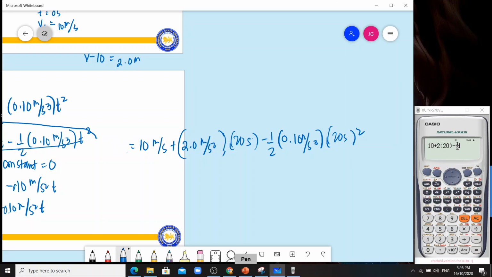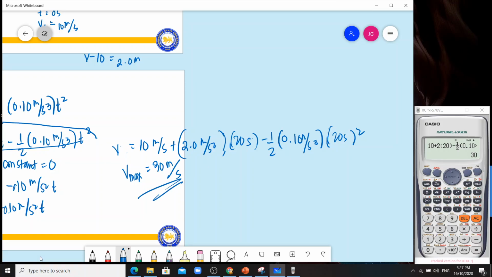Tama pala. Ito pala yung kinuha natin kanina. Okay. So, 1 half 0.10 20 squared. Okay, yan. So, ang Vmax natin is at 30 meters per second.